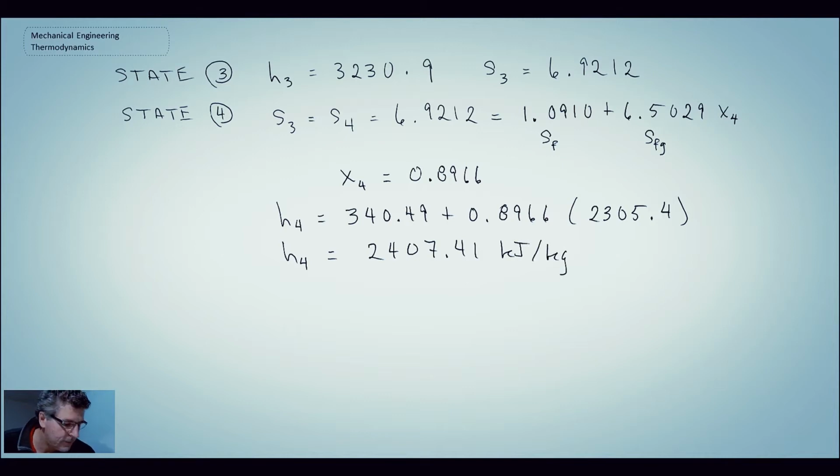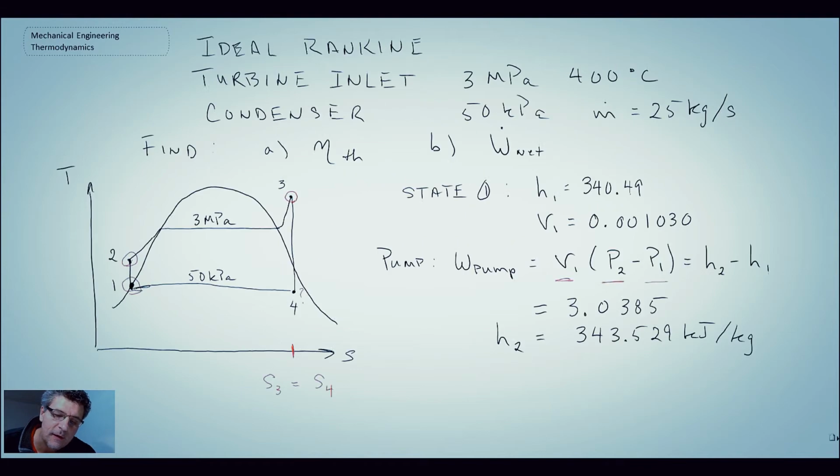So with that, we have all of the states specified, because we just determined state 4. So we have 1, 2, 3, and 4.